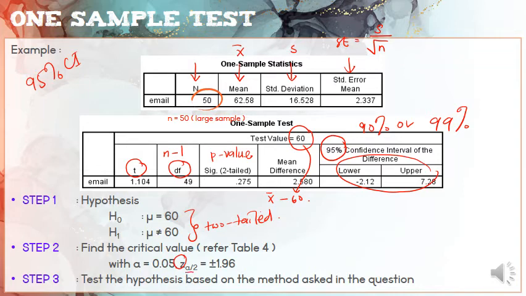Kenapa alpha over 2? Sebab this is a two-tailed test, alpha bahagi 2. Go to table number 4, pergi ke alpha 0.025, okay, sebab 0.05 bahagi 2 dapat 0.025.